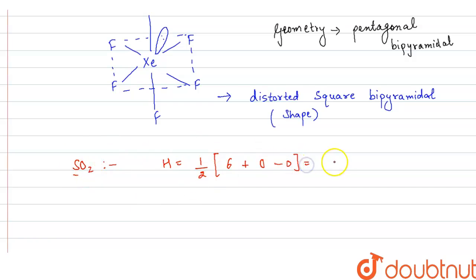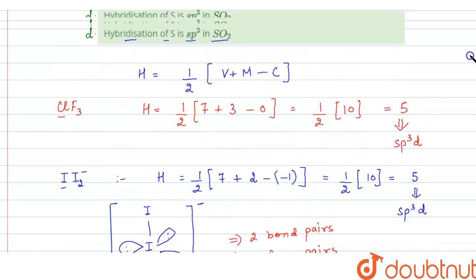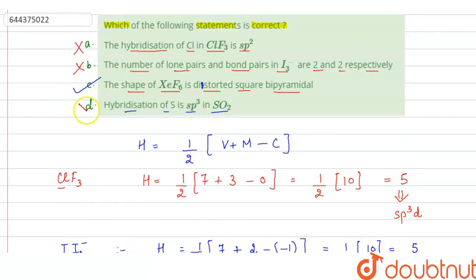So it will be equal to 6 by 2, which is 3. And 3 means 3 hybrid orbitals will be there. So the hybridization will be sp2. So the hybridization of sulfur in SO2 is sp2, not sp3. So this is also wrong.